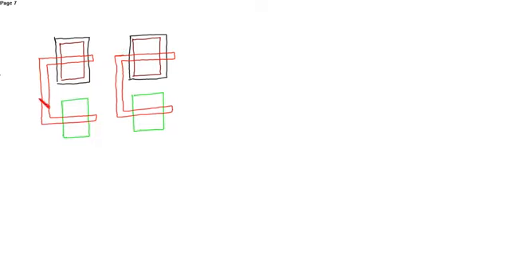Okay, this is suppose input A and this is input B. Okay, these are the sources, these are the drains, drain and sources.